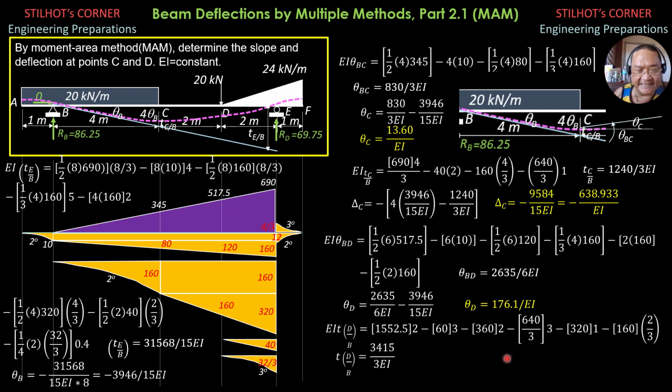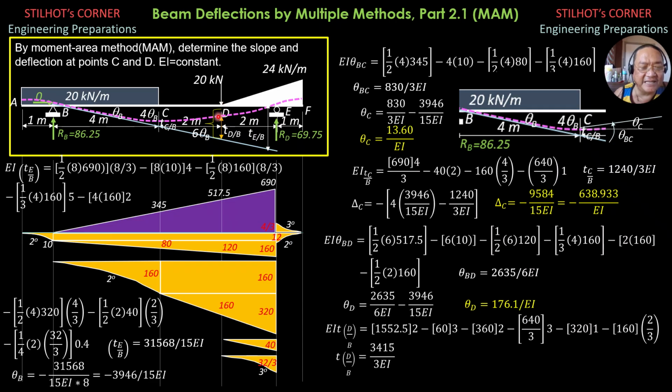it is equal to 3415 over 3 EI, which is positive. So point D is above the reference tangent at B. So that is the deviation of D relative to B. The whole of this is 6 times theta B, and therefore delta D is also negative.